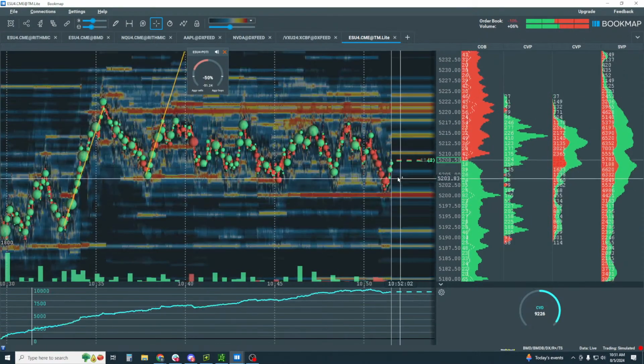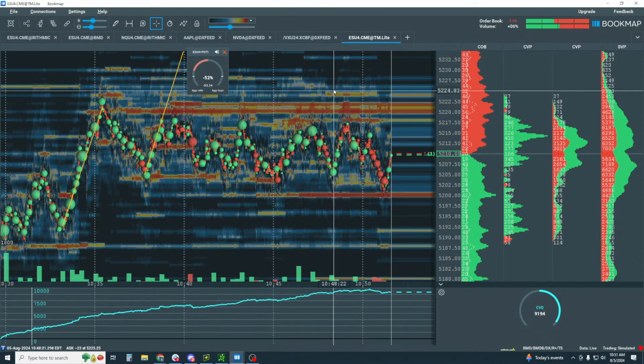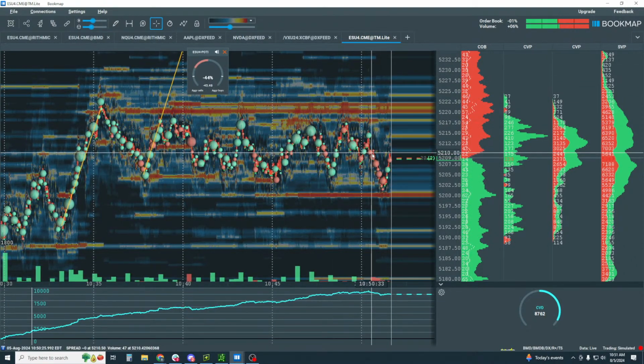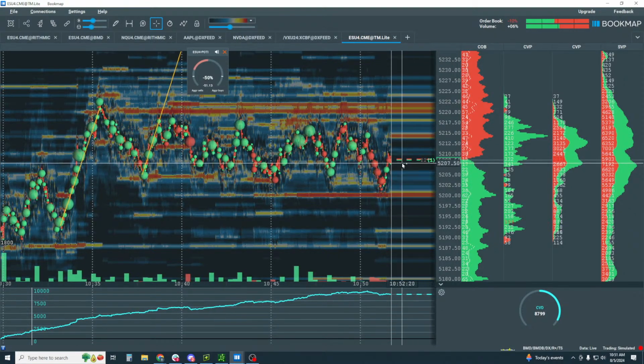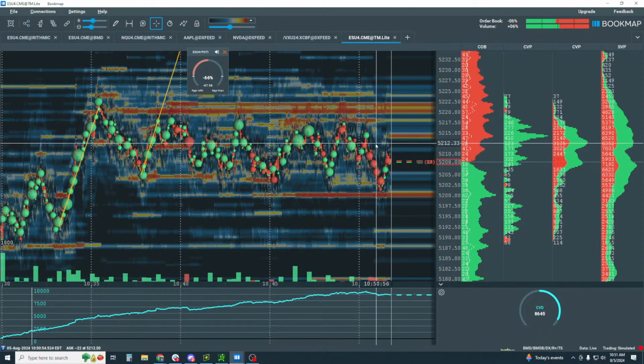All right, well, let's see here. We're getting a pullback and starting to see the pace of tape pick up. Pull back right to where these sellers came in. And that's going to be rather at the point of control. It's not really, but you can see it's right in the middle of all of this action here.